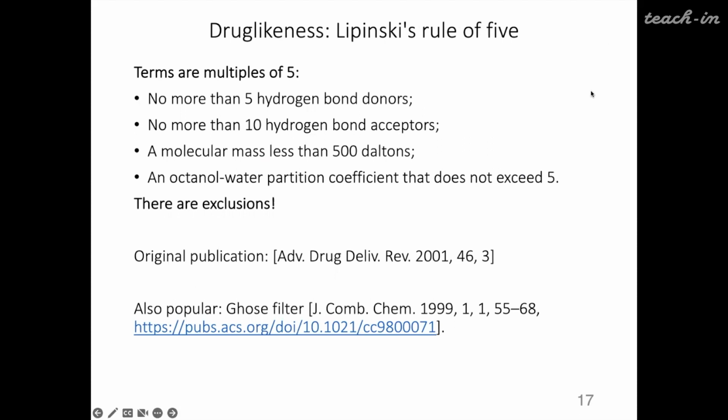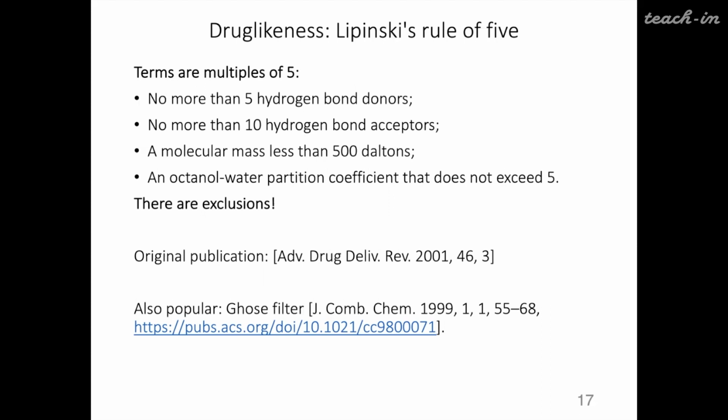The first mnemonic rule is Lipinski's rule of 5. The terms are multiples of 5, and a potential drug candidate should have no more than 5 hydrogen bond donors and no more than 10 hydrogen bond acceptors. So it should not be too water soluble.